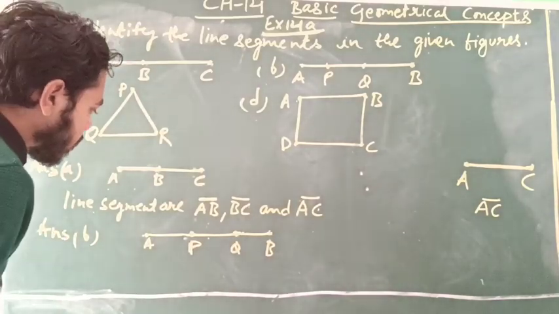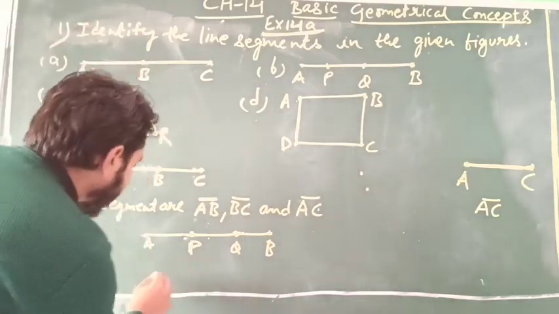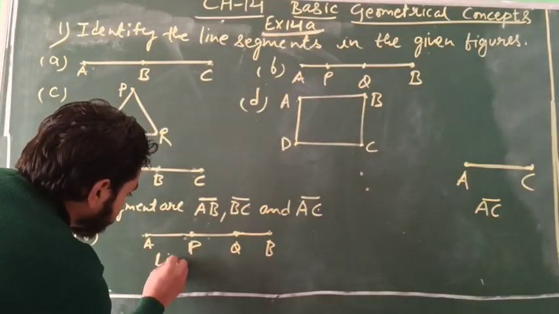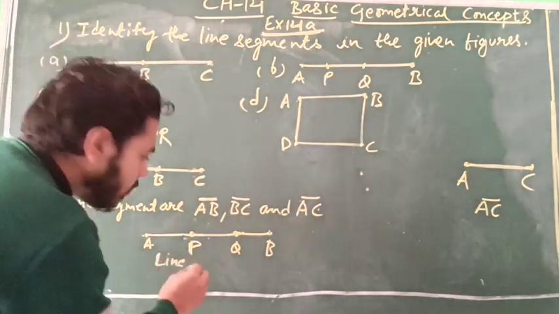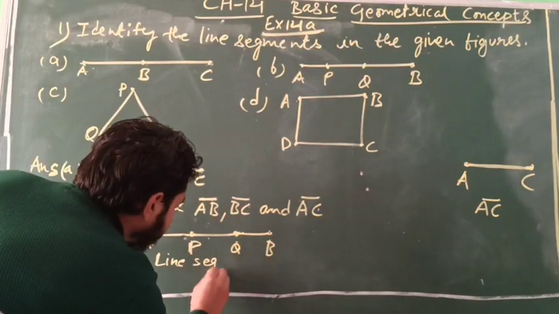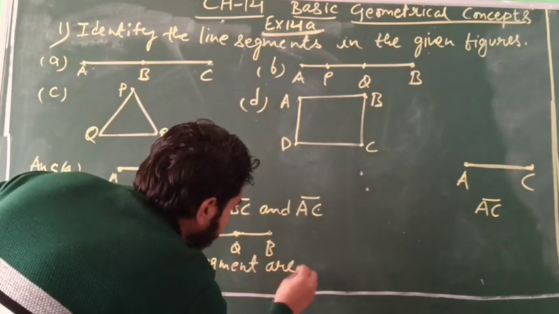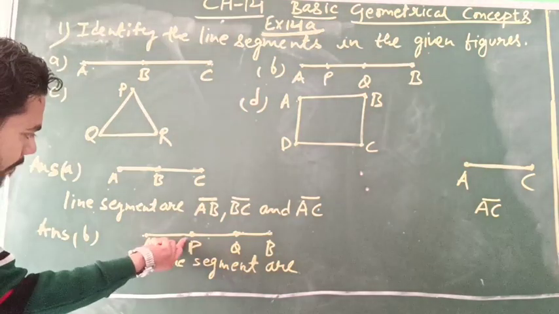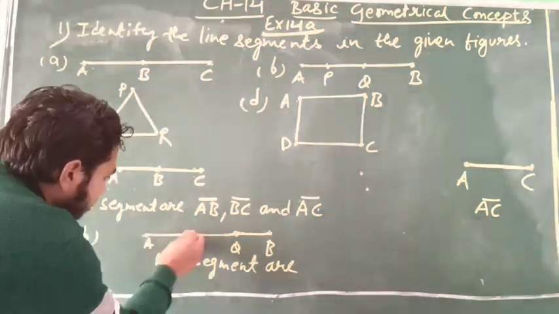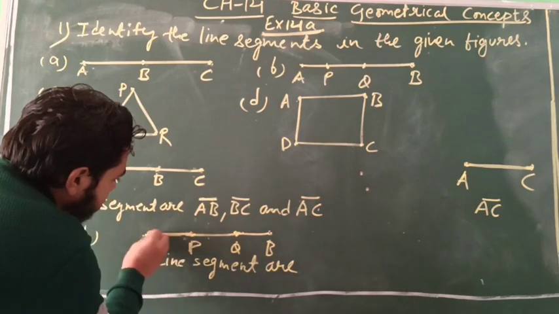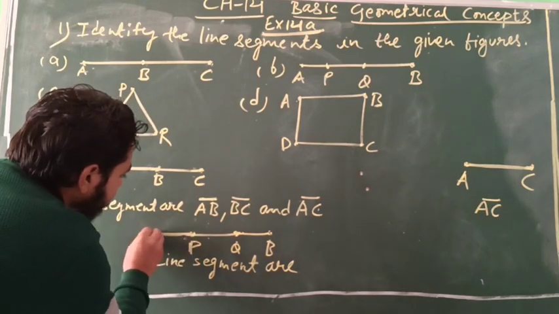So the line segments are AP, when you see these 2 points, they form a line segment.